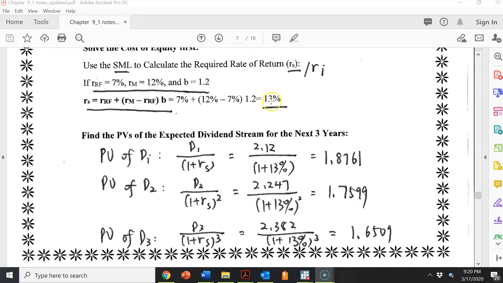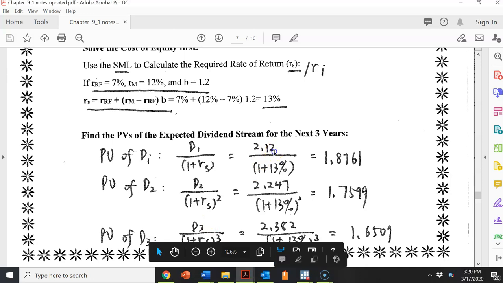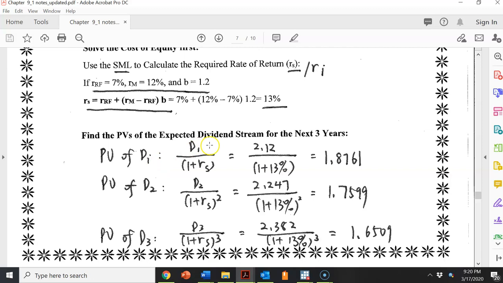Okay, and then after we know RS as 13%, we also know D1, D2, and D3. In order to get PV of D1, we use D1 over 1 plus RS. So it's 2.12 divided by 1 plus 13%. We have 1.8761.